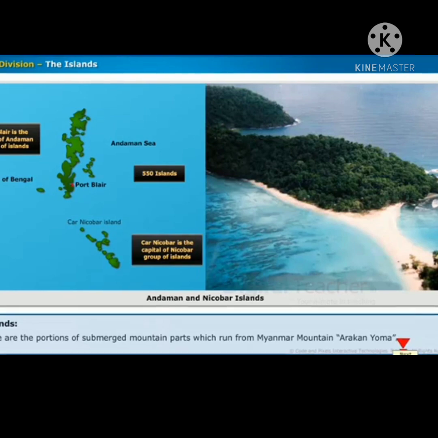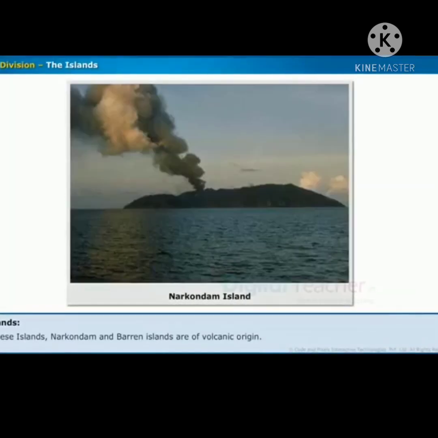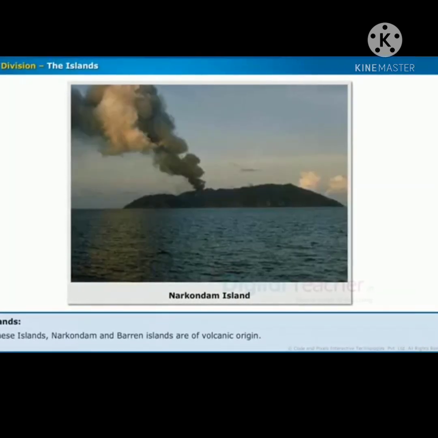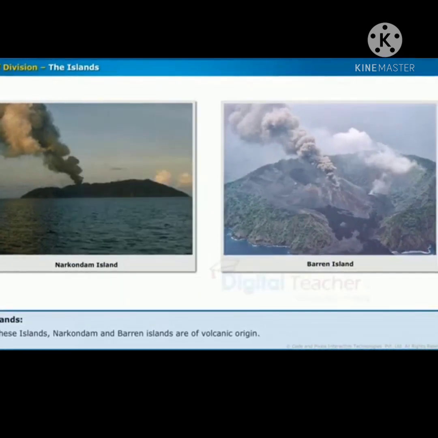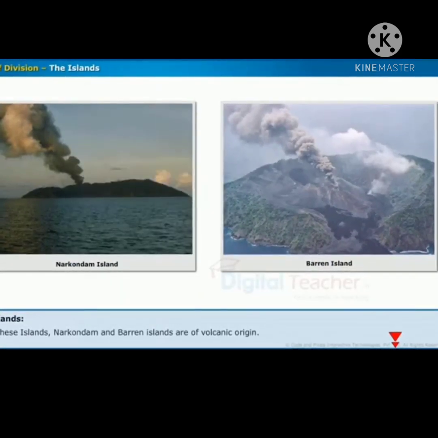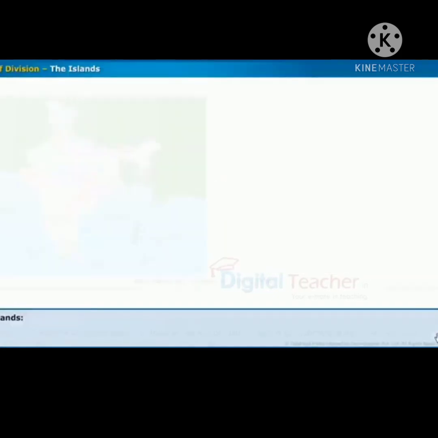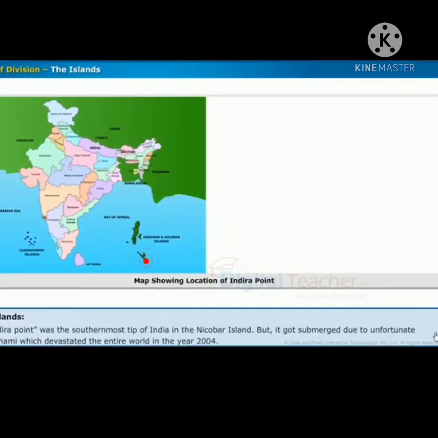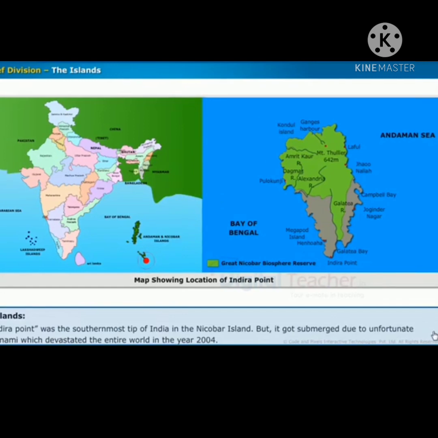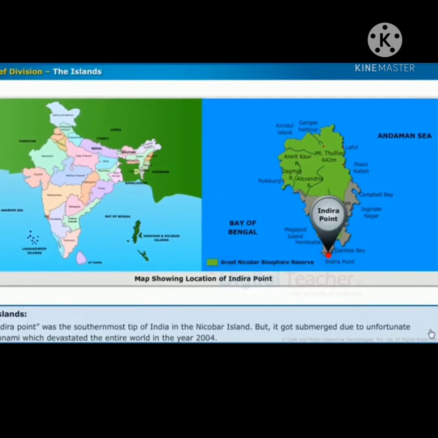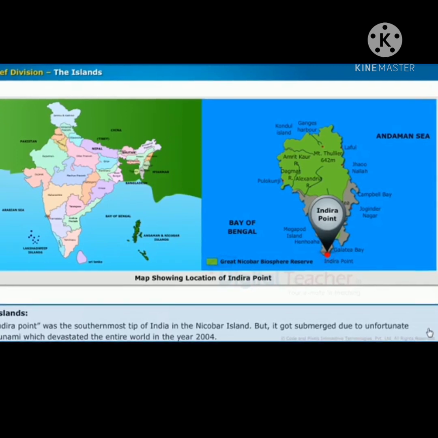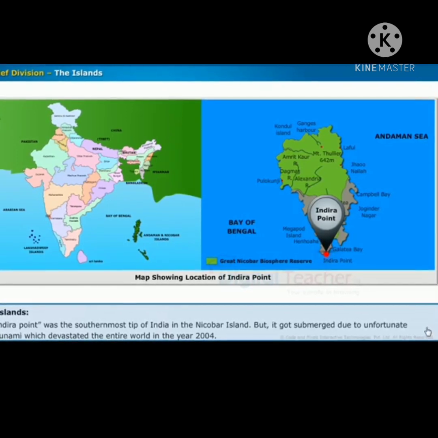In Andaman and Nicobar Islands, Narcondam and Barren Islands are of volcanic origin. The southernmost tip of India is found in Nicobar Islands and is called Indira Point, which was submerged during the 2004 tsunami.